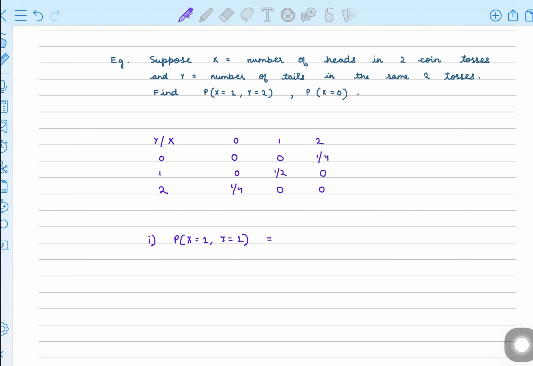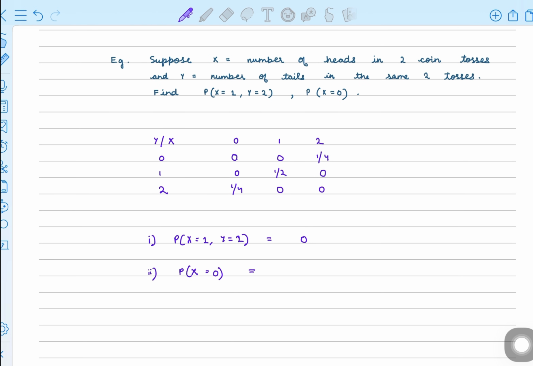For the probability that x is equal to 1 and y is equal to 2, we check the table. At x is equal to 1 and y is equal to 2, the probability is given by 0. For the probability that x is equal to 0, we check under x is equal to 0.